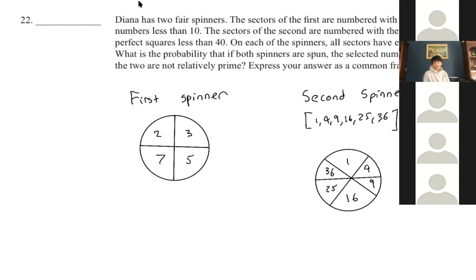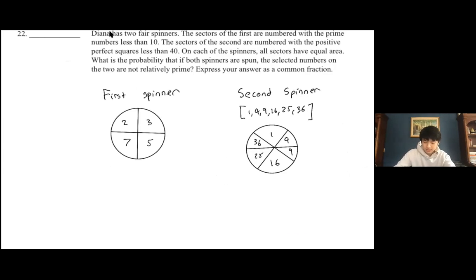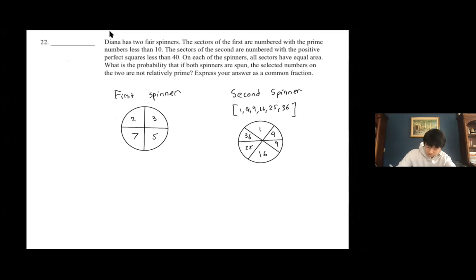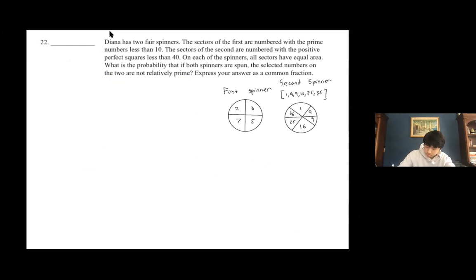And so we've gotten an idea of what the spinners look like now, and we can start trying to figure out the probability that the selected numbers on the two spinners are not relatively prime. One of the best strategies is always to set up a table, and I'm going to make these a bit smaller and put them over there.